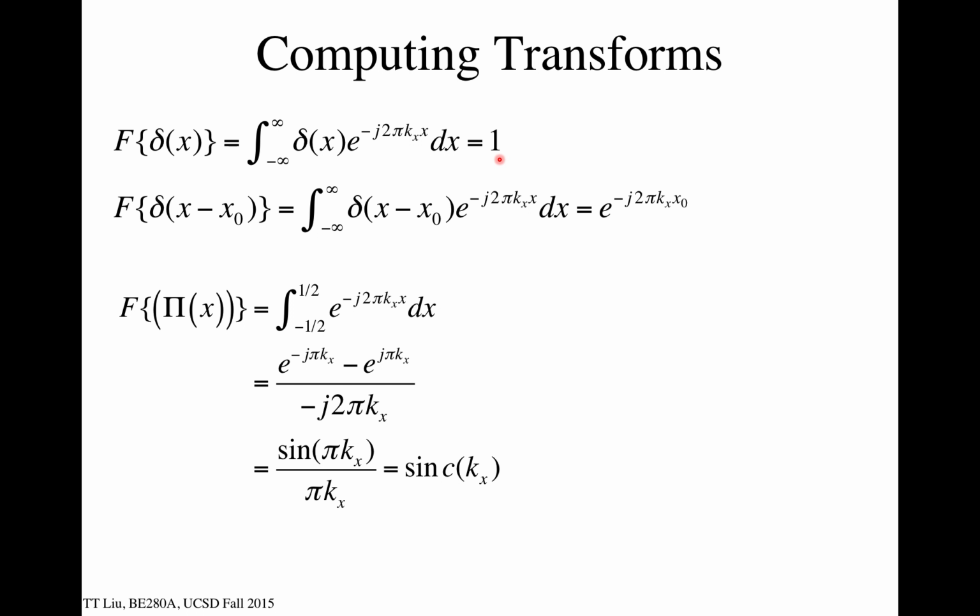So that means that the Fourier transform of the delta function is just 1. It's like a constant. For every value of frequency, its value is 1, right?